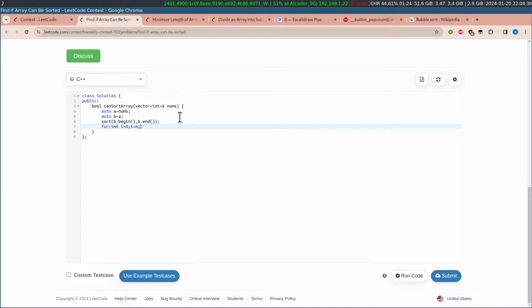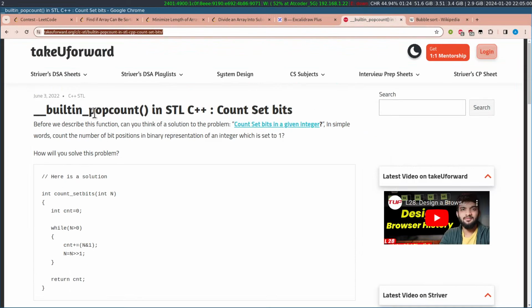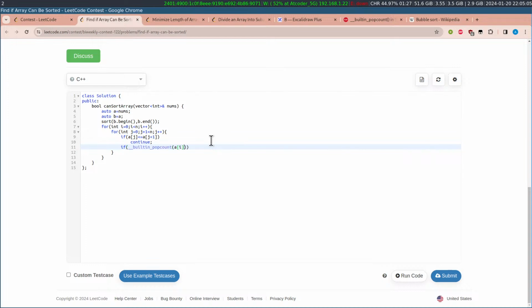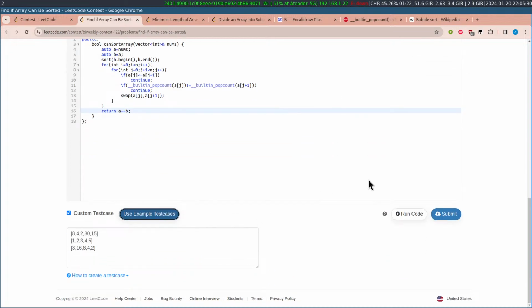And then we can also try to do bubble sort. Now I will check if the set bits are not equal, then it's not possible to swap them. There is a sort method as well, I believe, in STL.